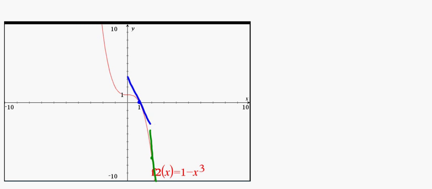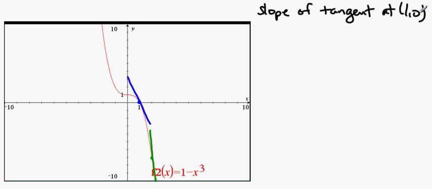And what I'd like to do is find the slope of the tangent at 1, 0. And then the slope of the tangent at 2, negative 7, but you'll get the idea. So the way we do that is we pick the point in question, 1, 0, and then we come over here on the line and we pick 1 plus h.